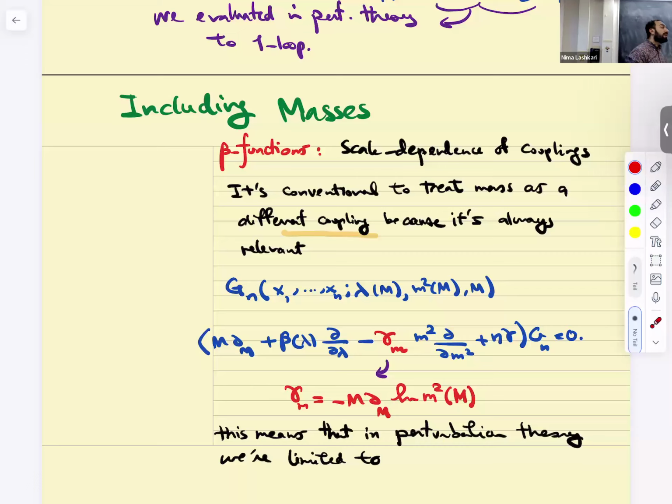Even though we organize the Feynman diagrams in terms of massive free fields, Gaussians, from the point of view of the beta function, if you want to set up the perturbation theory, you will have to treat m squared as any other coupling that breaks scale invariance, and there will be beta functions associated with it, right? So you're going to treat m squared like any other coupling, and you're going to calculate it order by order.